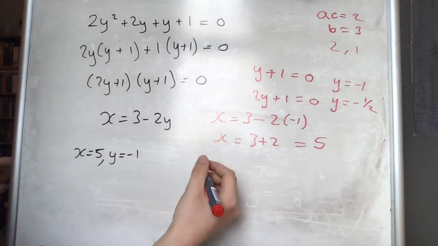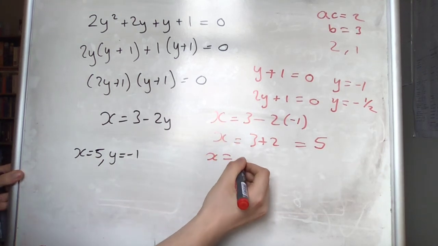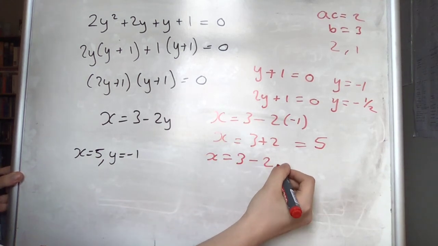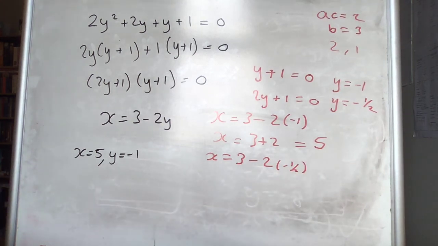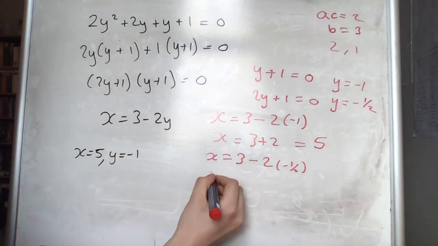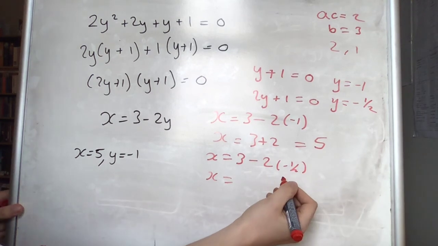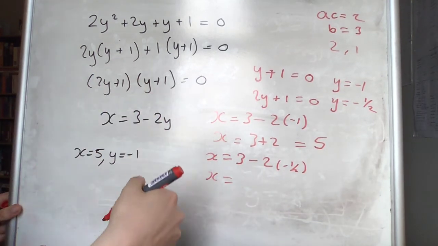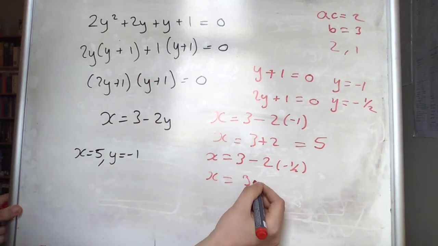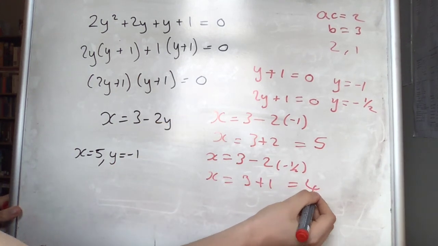And our second one is x equals 3 minus 2 times -1/2. If you plug that into your equation, -2 times -1/2 is going to halve it, so -1, and change the sign to make it +1. So that equals 3 plus 1, which is equal to 4.